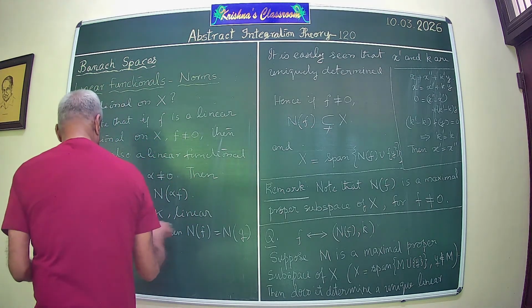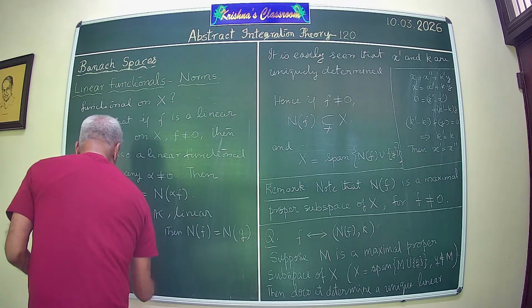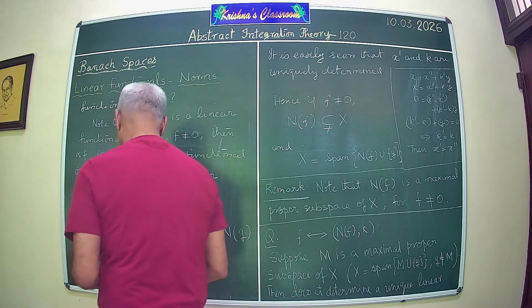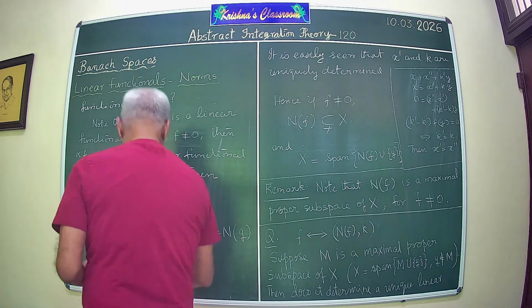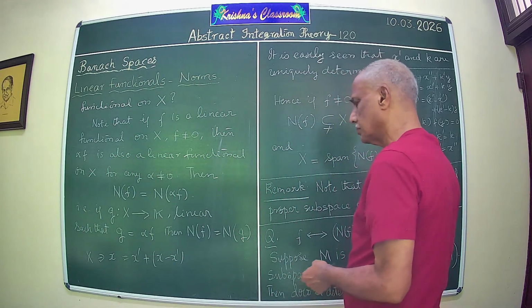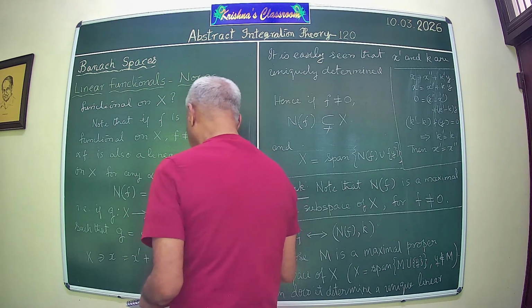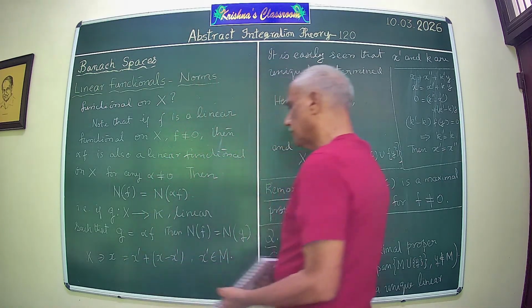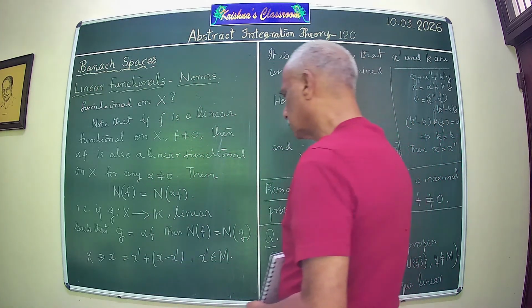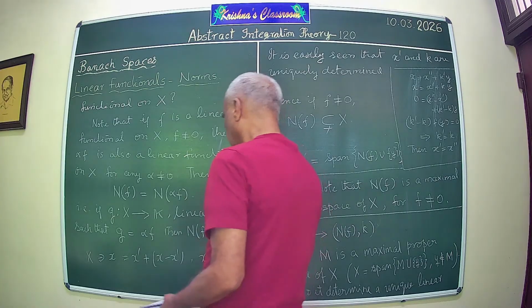So you see that x belonging to X can be written as x prime plus x minus x prime, where x prime belongs to M. And now x minus x prime, unless x is equal to x prime, does not belong to M.